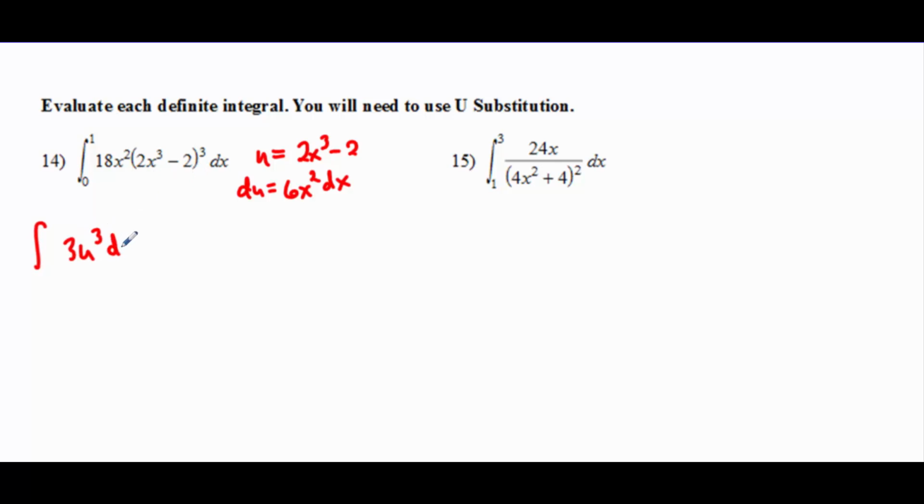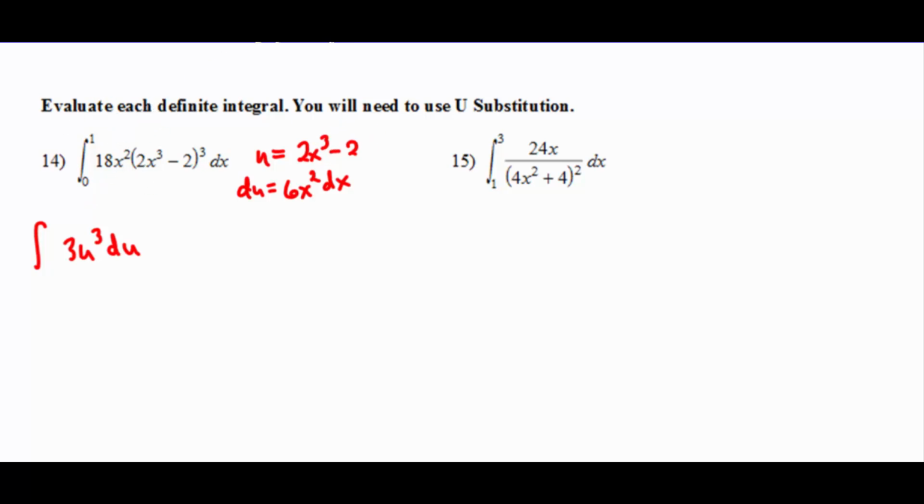But the difference is, we can do this one of two ways. I can plug 1 and 0 into u and write those bounds here on my integral, and then I won't have to switch back to x's later. Or I can integrate this, put u back in, and then use my original numbers.